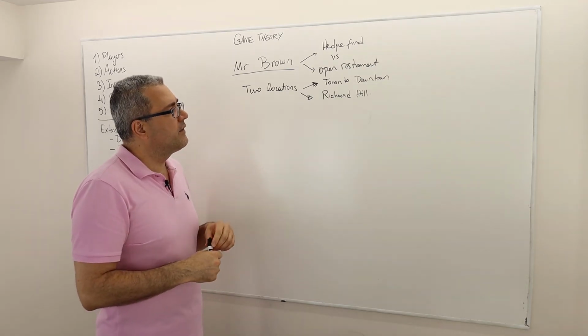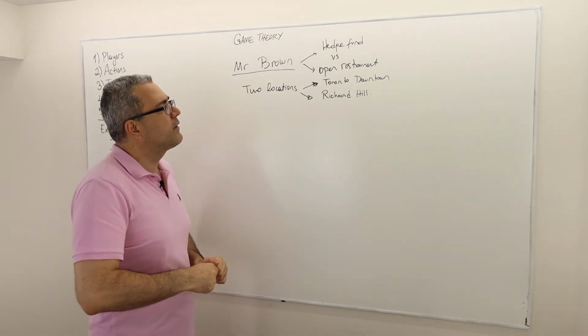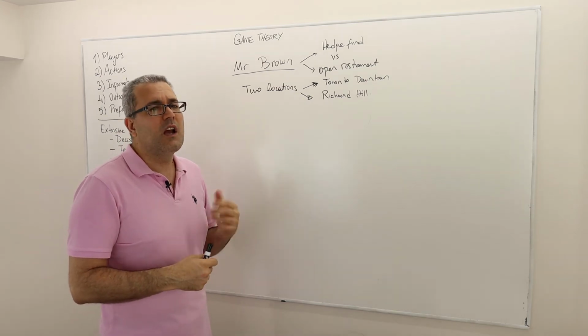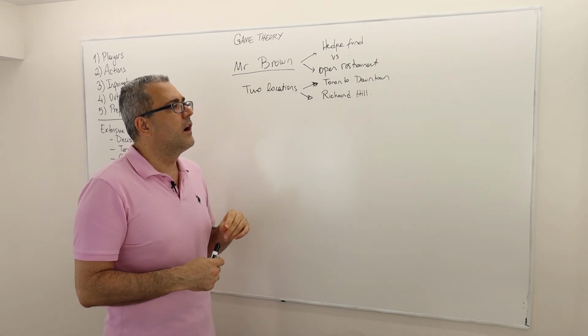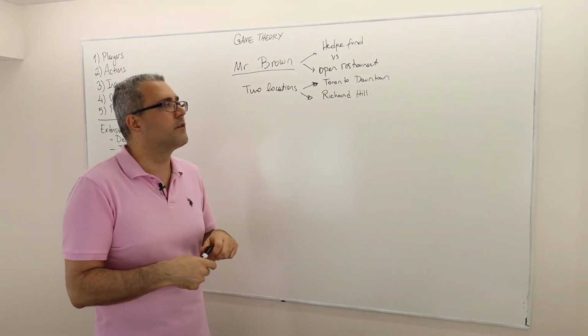But it's not really about the exact location. When he decides to choose one of those places, the competition and the profitability he will be facing is going to be different.